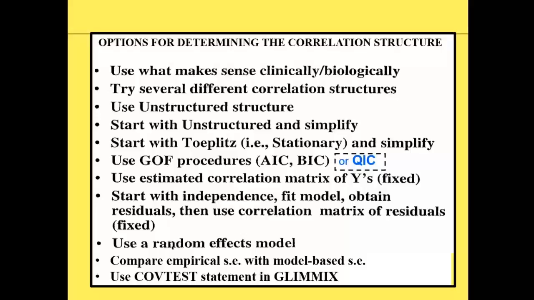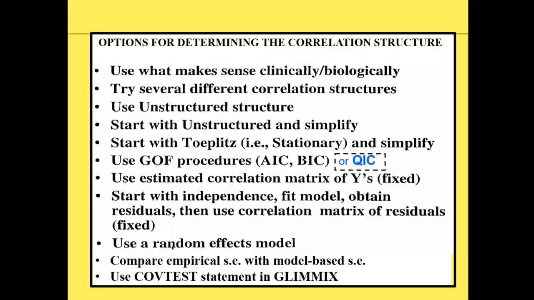So there are all these things. None of them is exactly right. They're all different options, and I'm just listing them. Another one is what I was sort of getting at: start with unstructured and then simplify. You tell the computer the covariance structure is unstructured, and then you look at the output, and it'll give you an estimate of that unstructured correlation matrix.